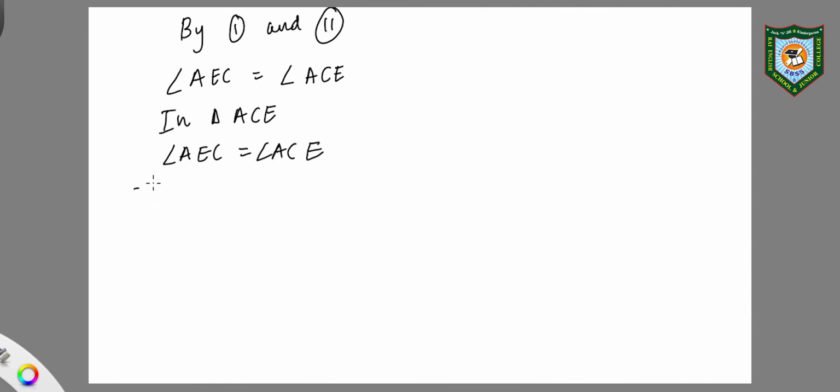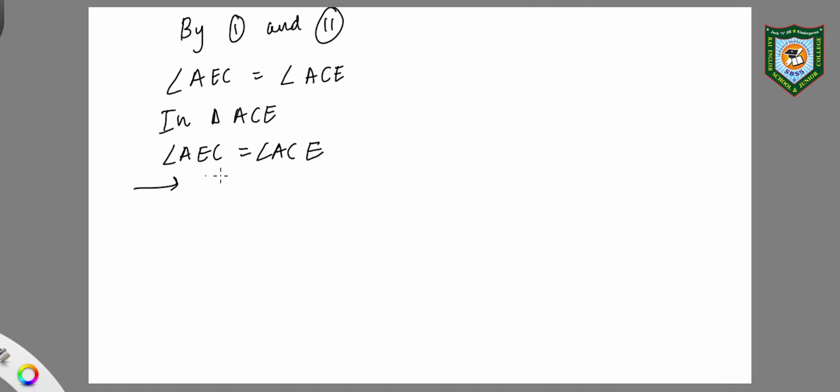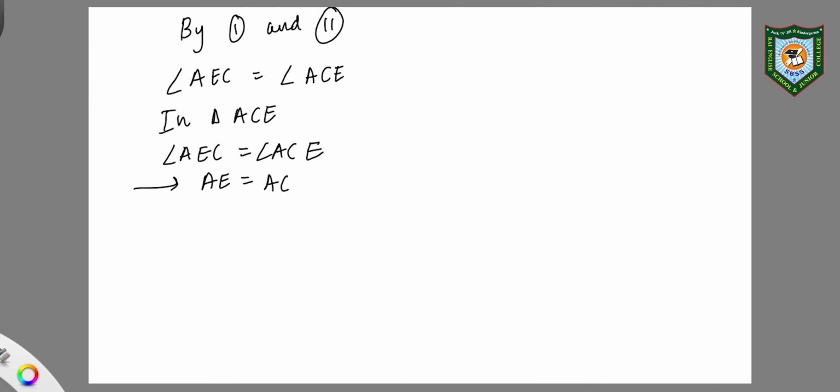This means that automatically the sides opposite to these angles are going to be equal. So this implies AE equal to AC, you can simply write isosceles triangle theorem. And I'm going to call this result number 3.